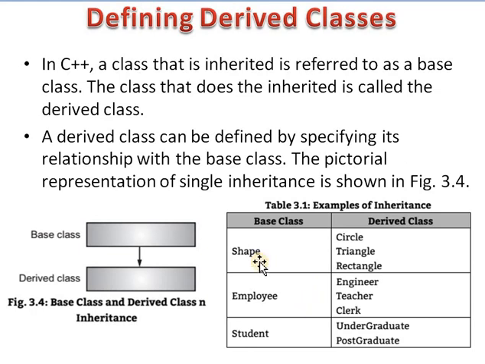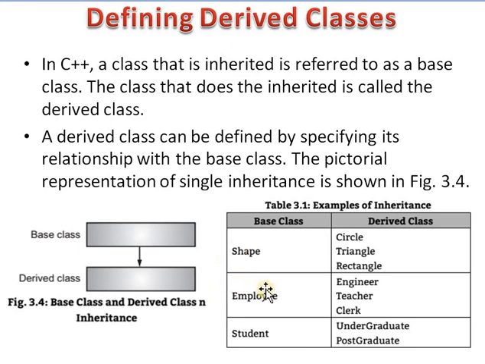Consider this example: the base class is shape, and from that base class we can derive multiple classes such as circle, triangle and rectangle. These are three different derived classes created by using the base class shape.